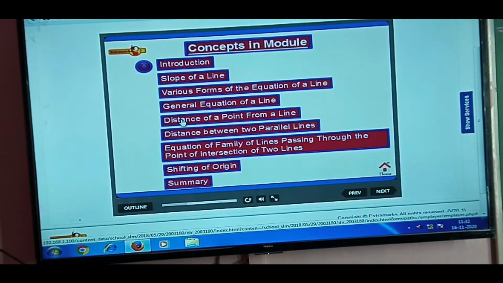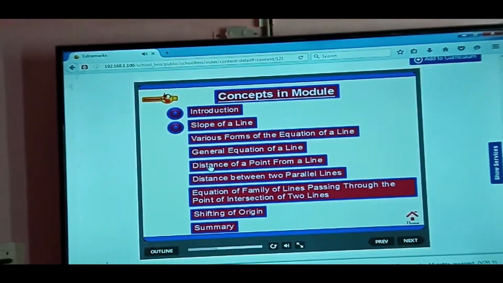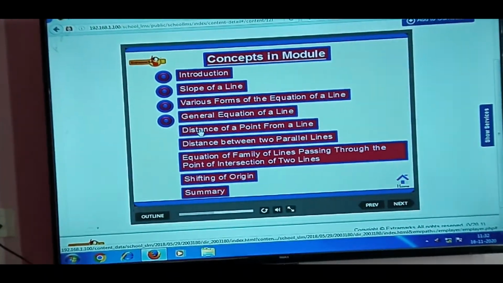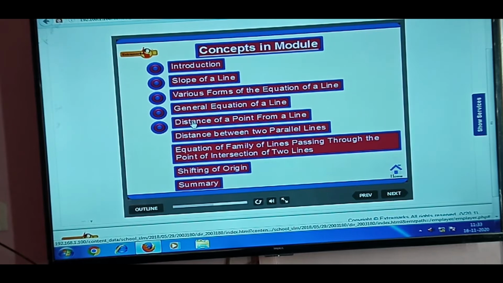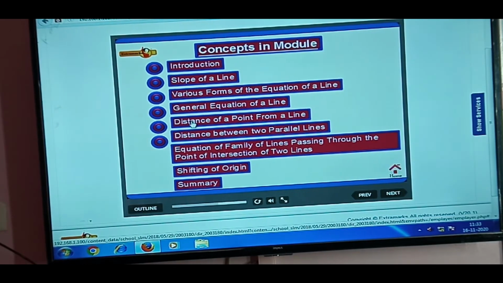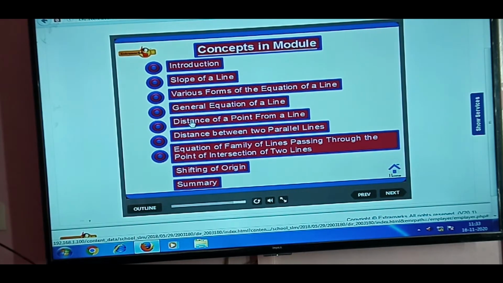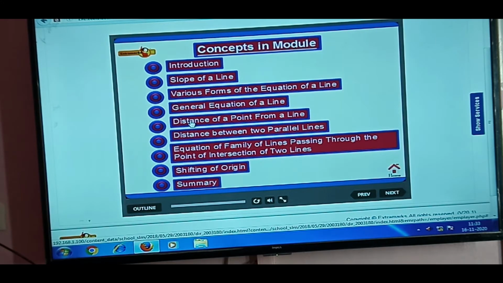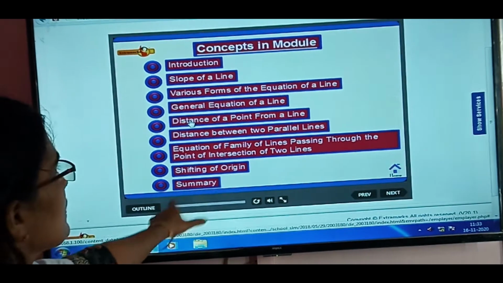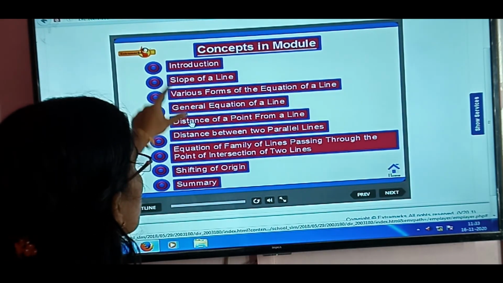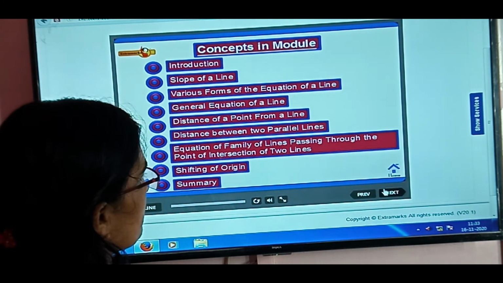Then we will learn about slope of a line, various forms of the equation of a line, general equation of a line, distance of a point from a line, distance between two parallel lines, equation of family of lines passing through the point of intersection of two lines, and shifting of origin. At last, we will summarize all the concepts discussed in the module. So my dear children, these are the concepts in this lesson, straight lines. Let us move to the first one, that is introduction.